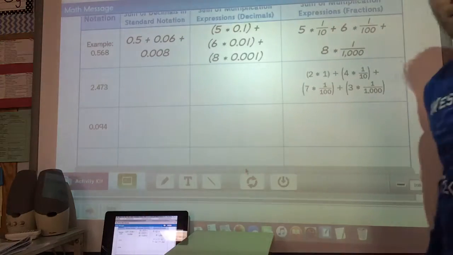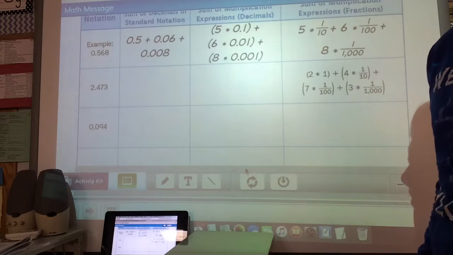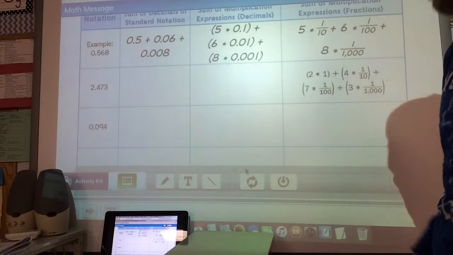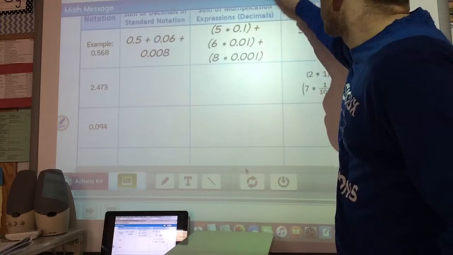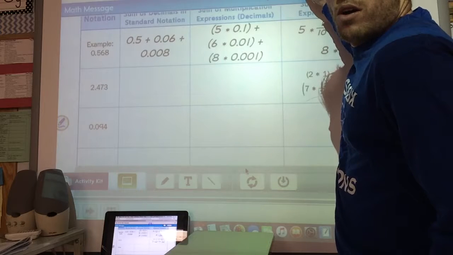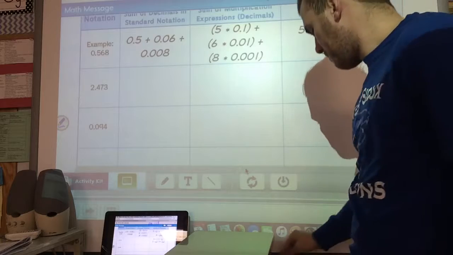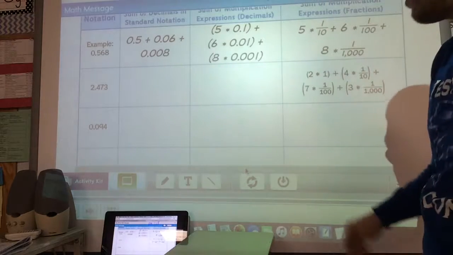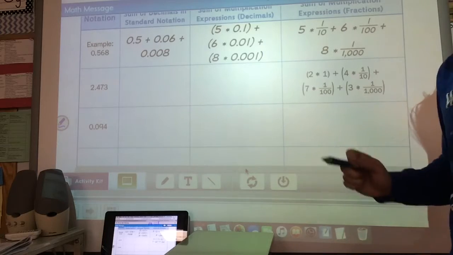All right, so for example, one of our problems says example is 0.568. By the way, this is on page 118. Okay, so we're on page 118 doing this.